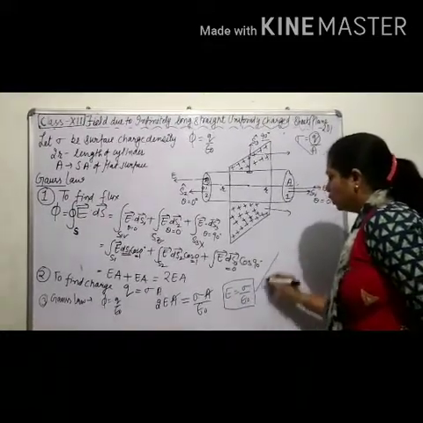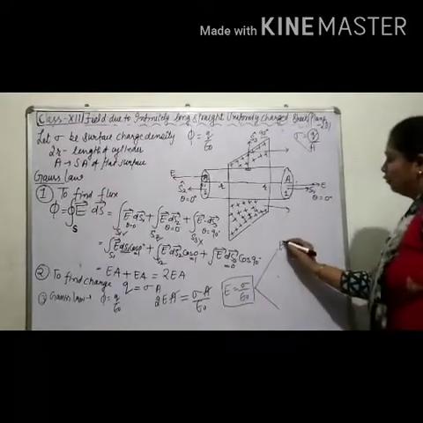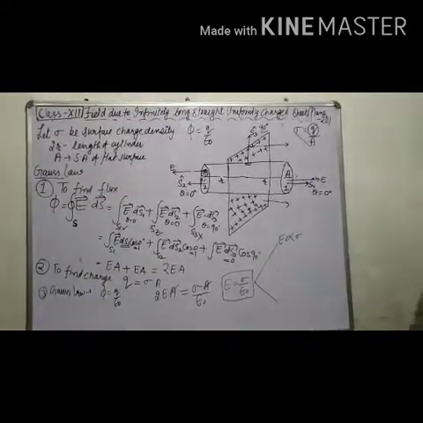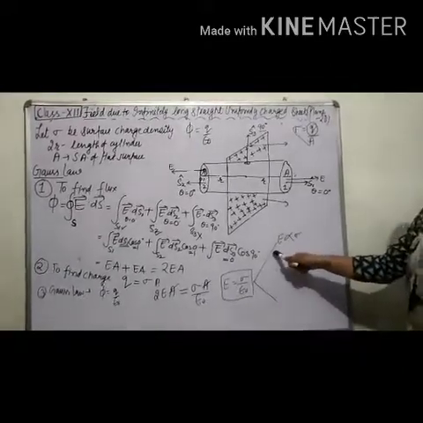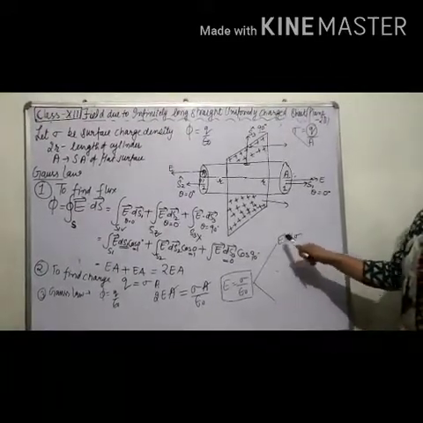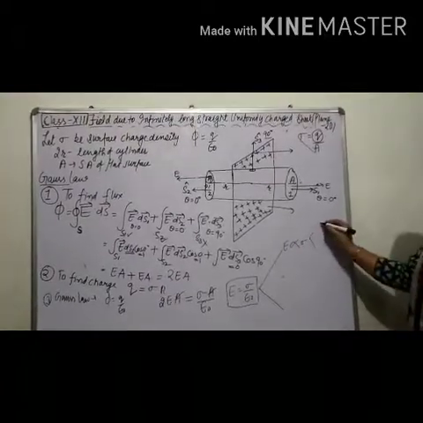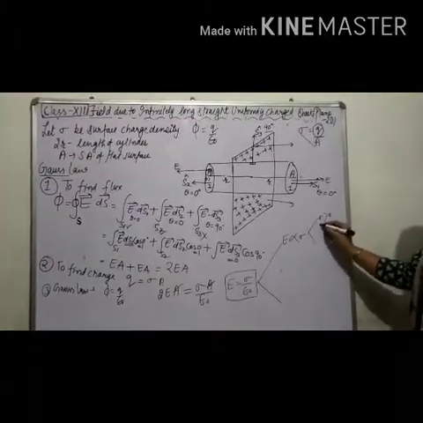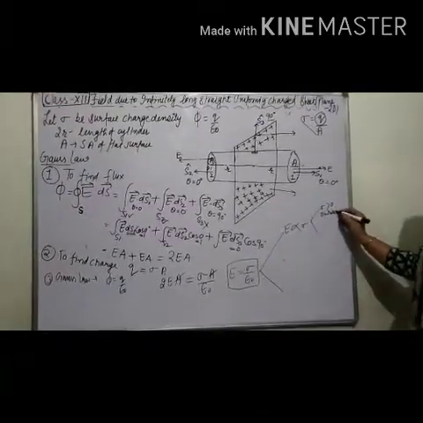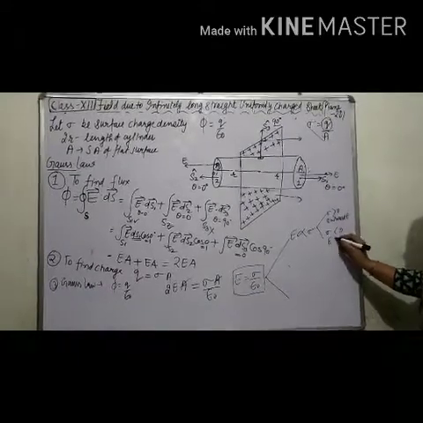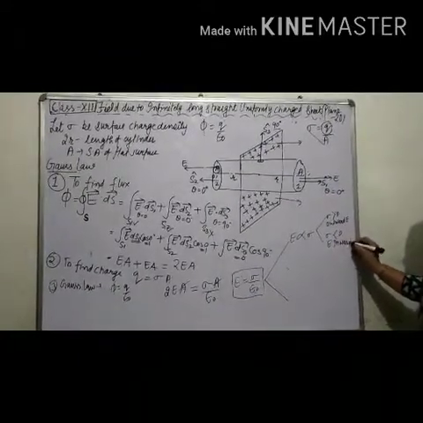What conclusion have you drawn? Electric field is directly proportional to sigma. Sigma means surface charge density. The more the charge, the stronger the electric field will be; the less the charge, the weaker it will be. If sigma is positive, the electric field will be outward. If sigma is negative, the electric field will be inward.